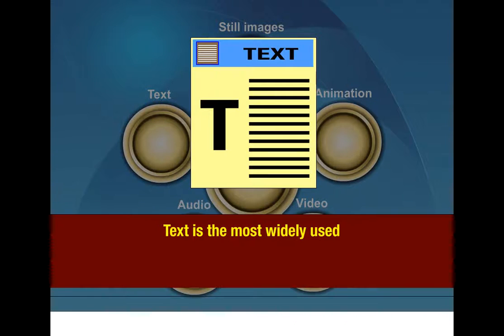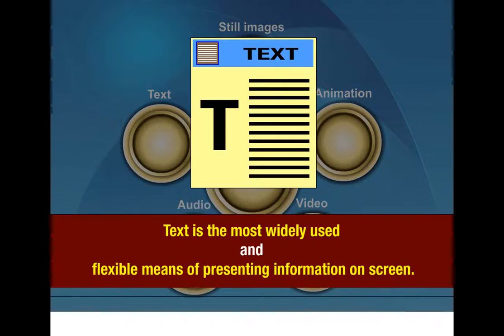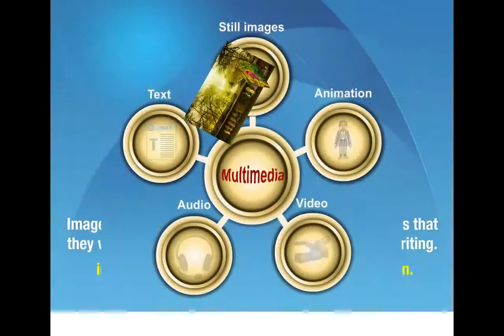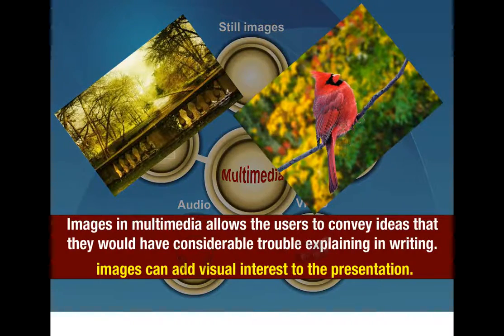The text is the most widely used and flexible means of presenting information on screen. Images. Images in multimedia allow a user to convey ideas that they may have considerable trouble explaining in writing. Images can add visual interest to the presentation.